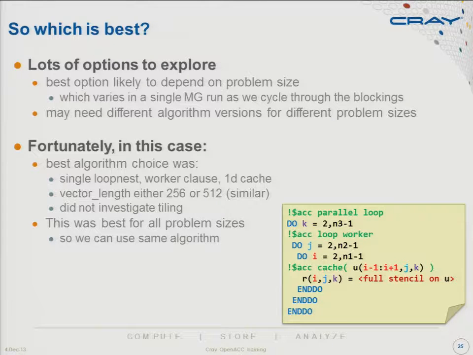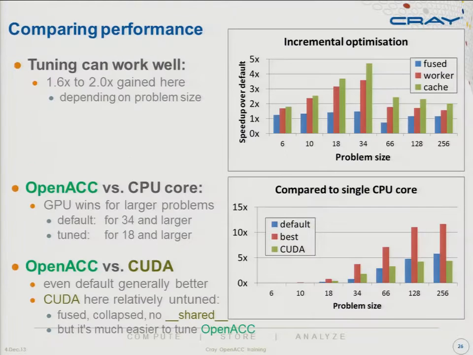This seemed to be best for the different problem sizes, but even when you choose a problem size with Multigrid, it's running multiple sub-problem sizes as part of the algorithm. So when you tune for a particular run of the code, there is an averaging going on over problem sizes, because the Multigrid algorithm runs the same kernel with different sized arrays.